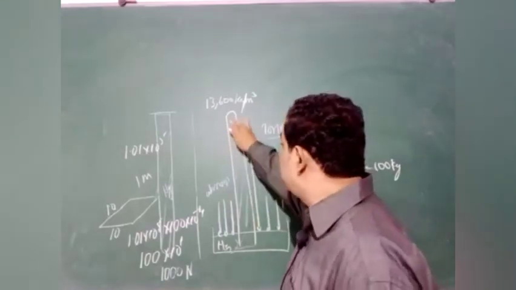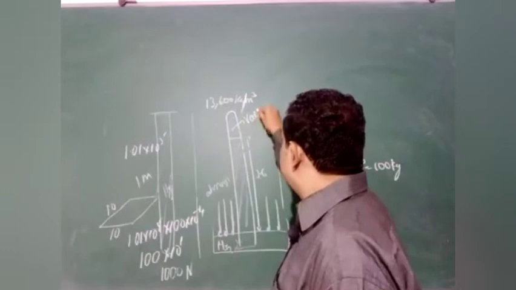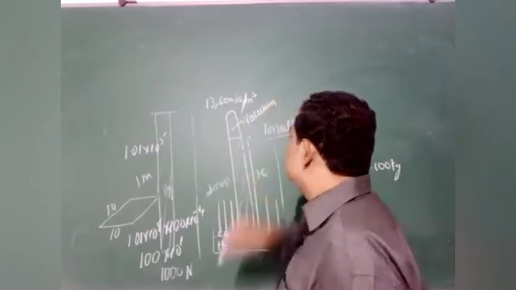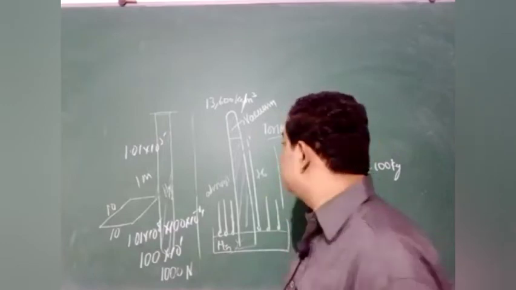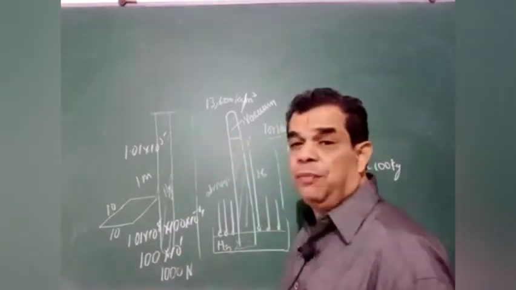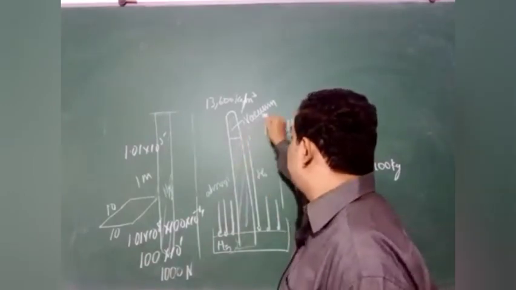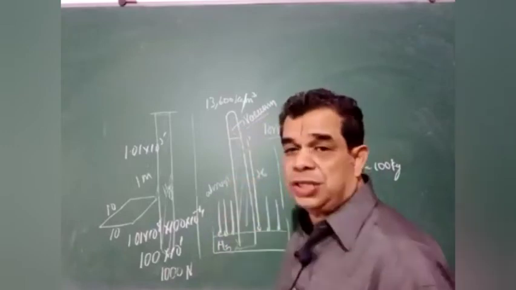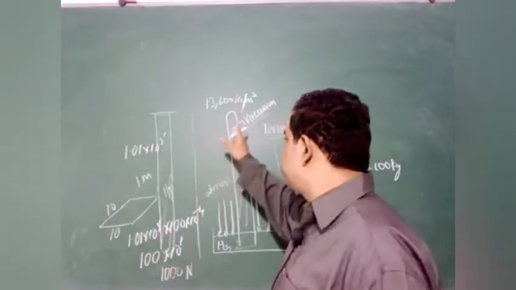It is completely vacuum. Prajwal, you are right. It is vacuum, apart from small stray mercury vapors there, if at all. This vacuum is called Torricelli's vacuum. Zero pressure there.